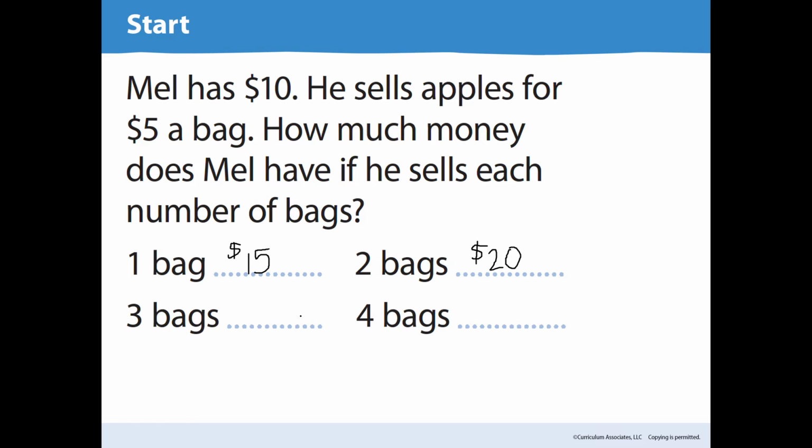If he sells 3 bags, 3 times 5 is 15, plus the 10 that he already has, that would be $25. And if he sells 4 bags, 4 times 5 is 20, plus the 10 he already has, Mel would have $30.